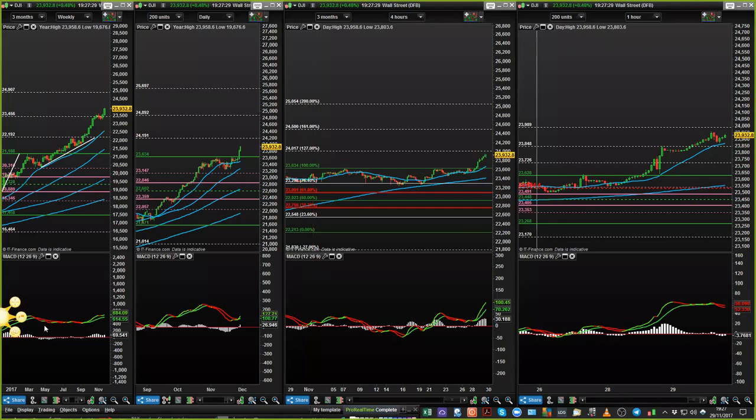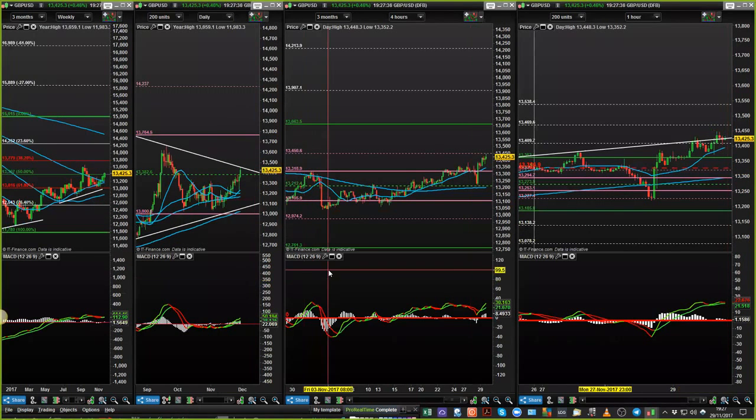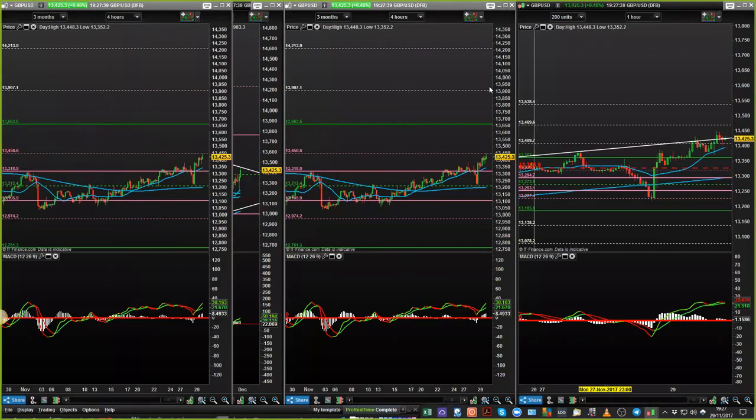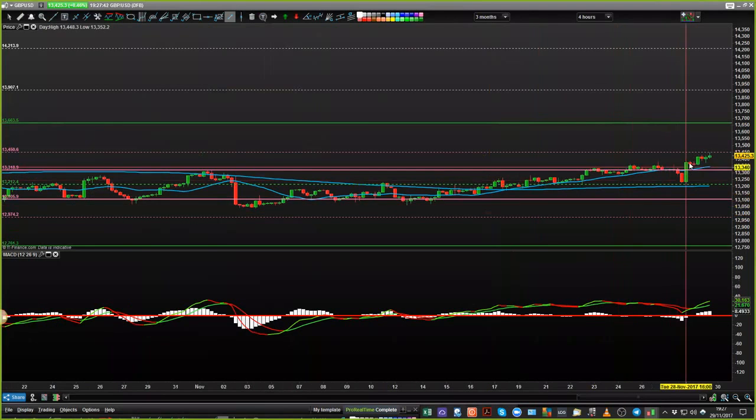So this is our sort of anchor chart system. If I show you the pound on this particular chart, you will see exactly why we were shorting at that resistance level, 450.